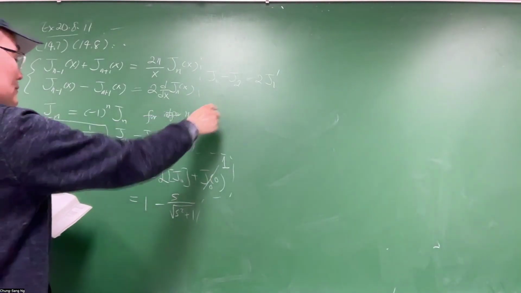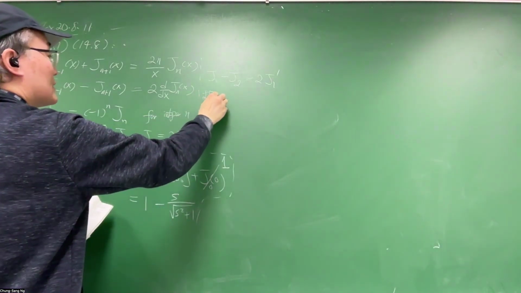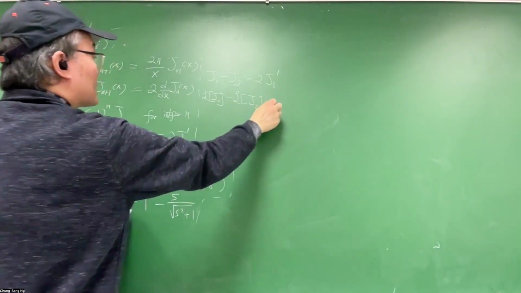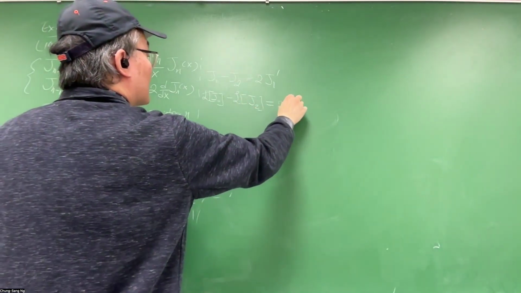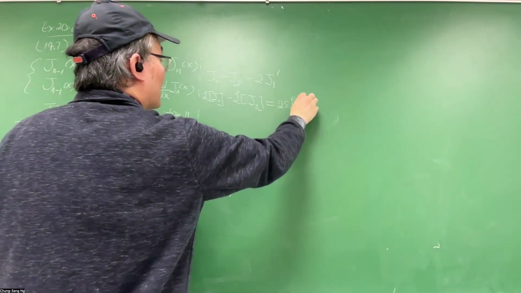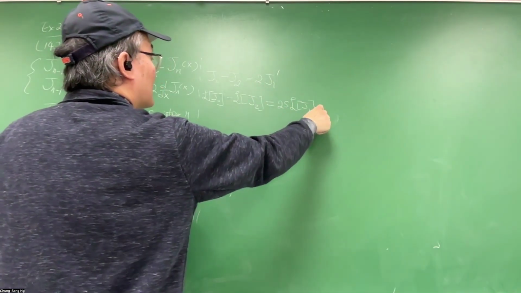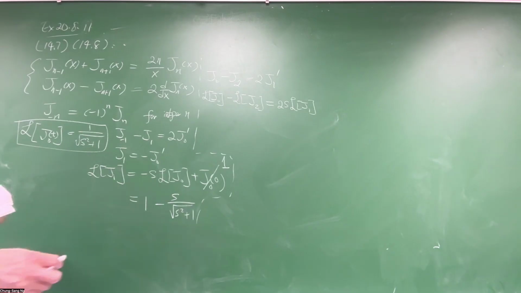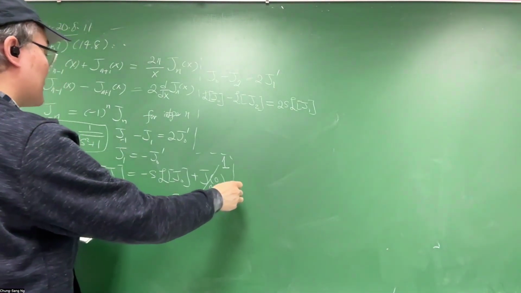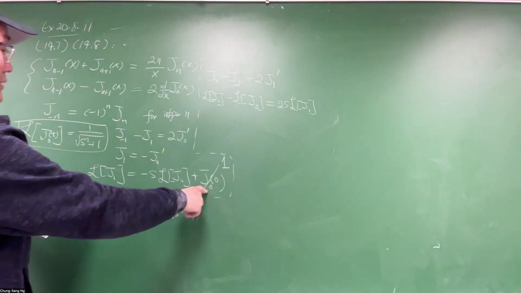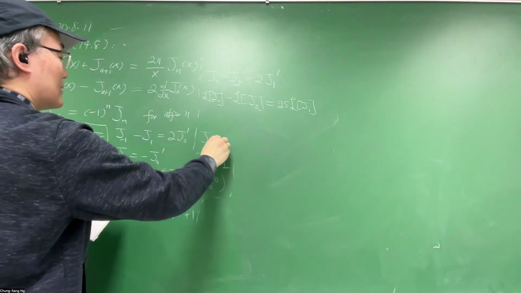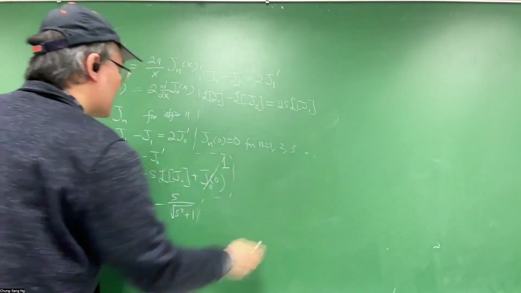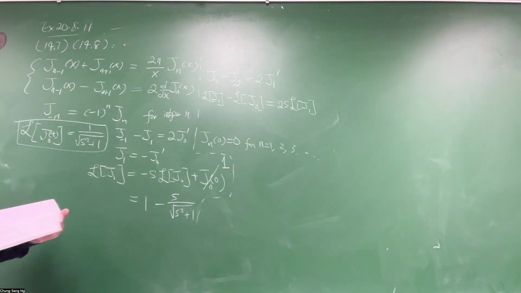Do the same thing: the Laplace transform of J sub 0 minus the Laplace transform of J sub 2 equals 2s times the Laplace transform of J sub 1 minus J sub 1's initial condition, but all the J sub n at x equals 0 are 0, so this is 0. Another fact.